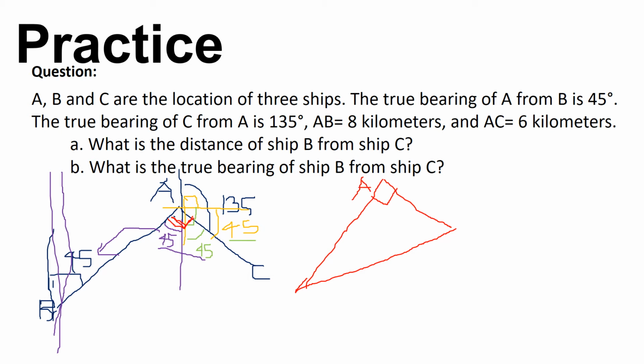In this case, the 90-degree angle is at A, and the given are the two legs or two sides with lengths of 8 km and 6 km. The hypotenuse is unknown.